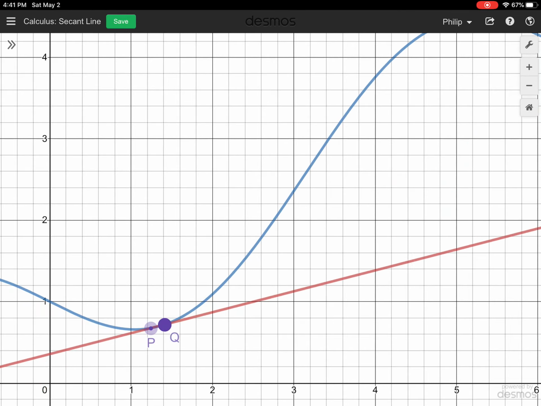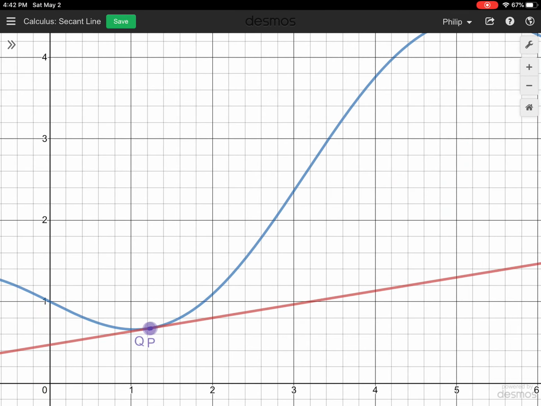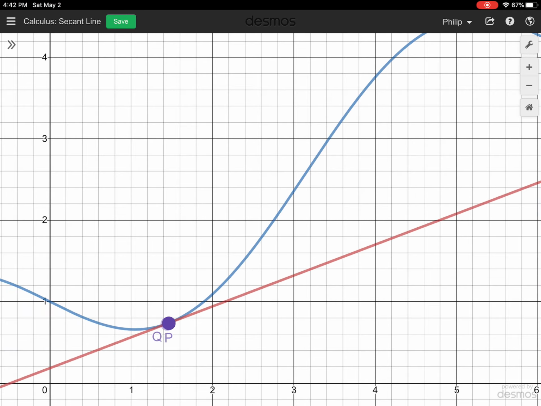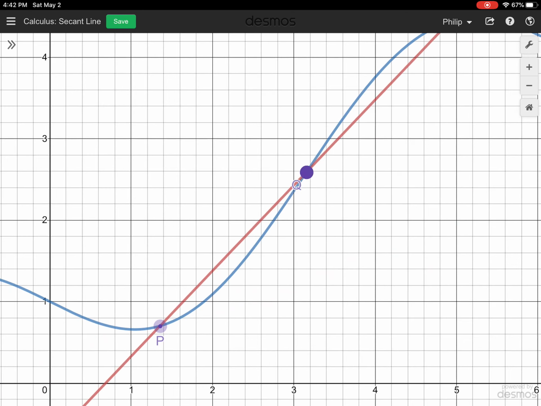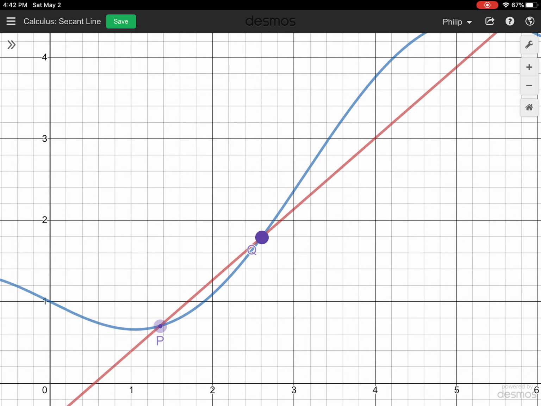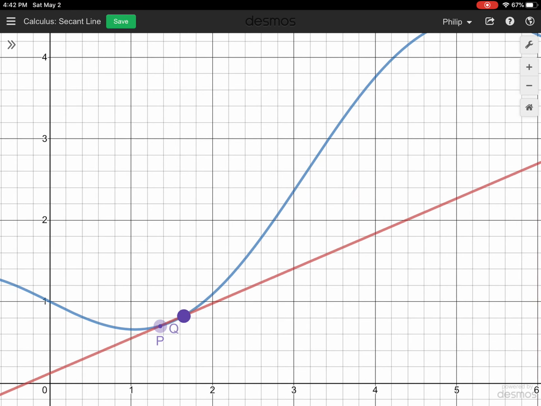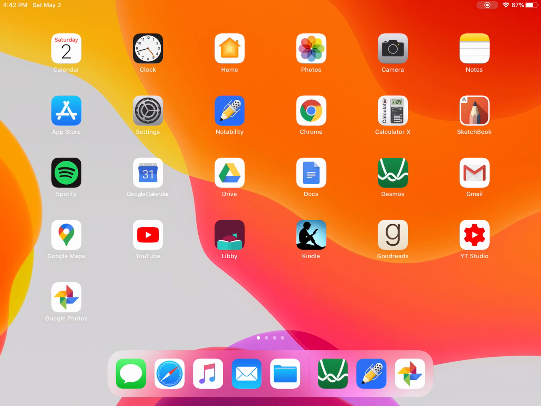And that secant line is getting closer and closer to being that of a tangent line. It's not exactly on, but you get the idea. It's right on top of being a tangent line. So again, as the h value gets closer and closer to 0, that secant line gets closer and closer to being that of a tangent line.